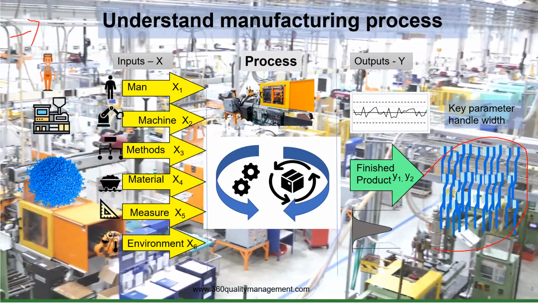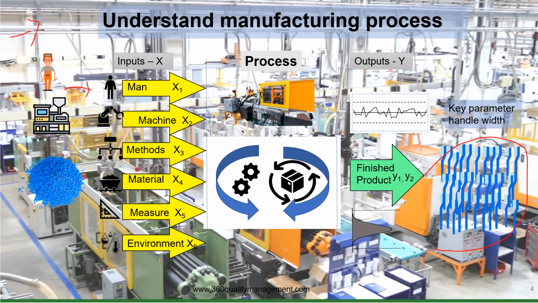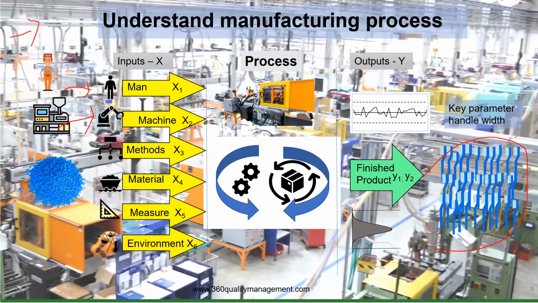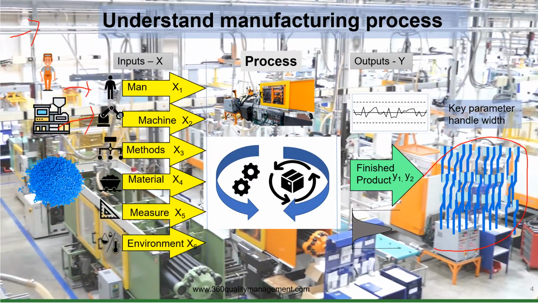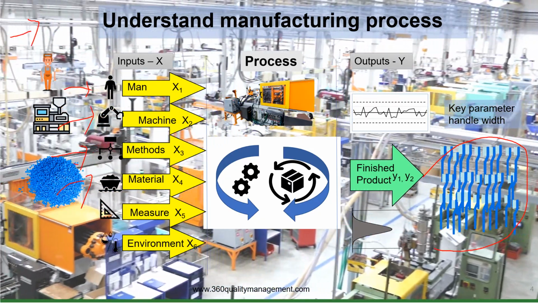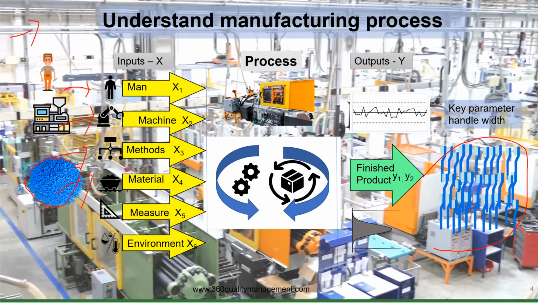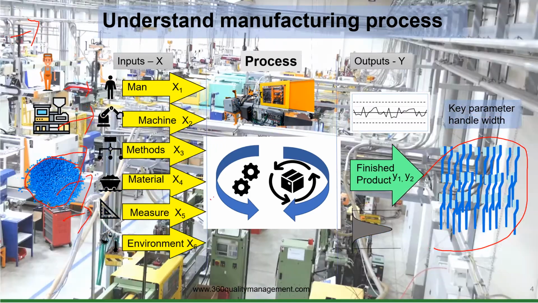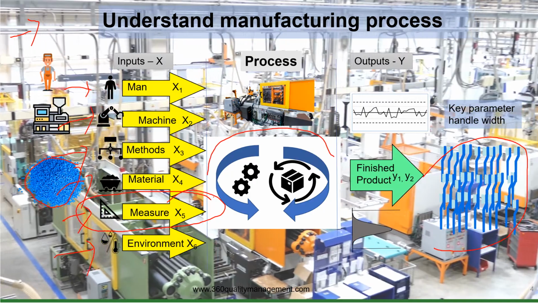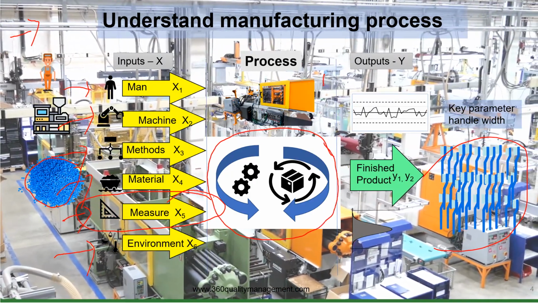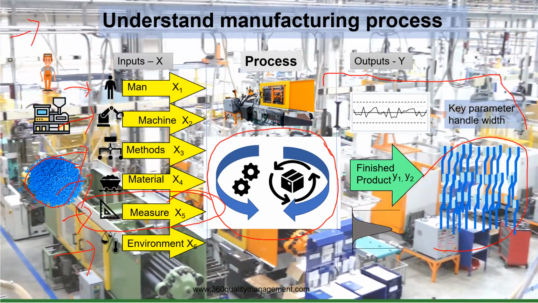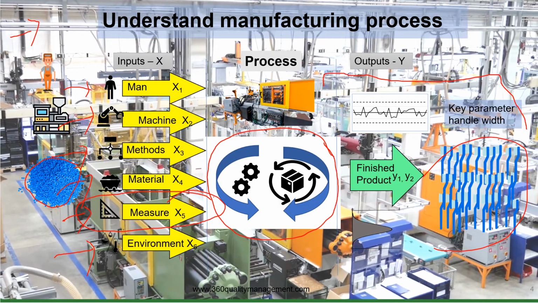So we will have the process inputs of man, the operator that does the job, the machine or the molding machines that convert the raw materials into the finished goods, the methods on how it is done, the raw materials which consist of the plastic pellets, and the measurement process, which is our focus, and also the environment. And here, the process itself will convert the raw material to the finished good of a toothbrush handle.